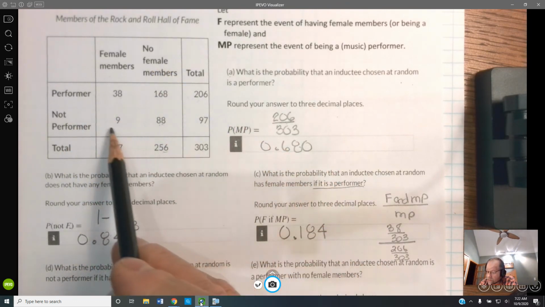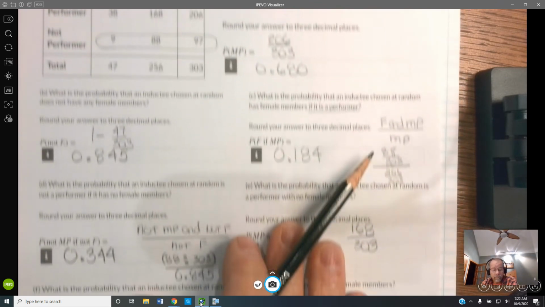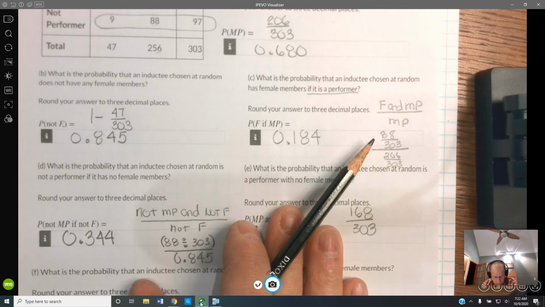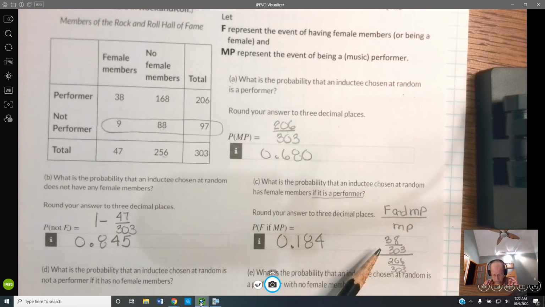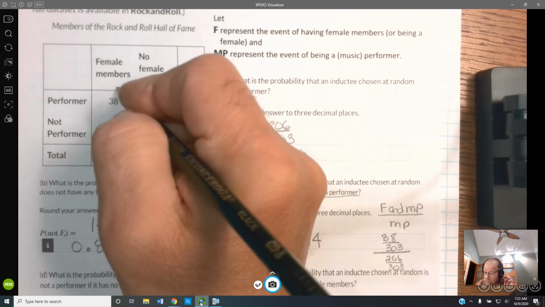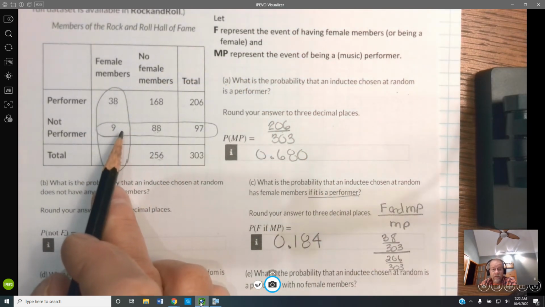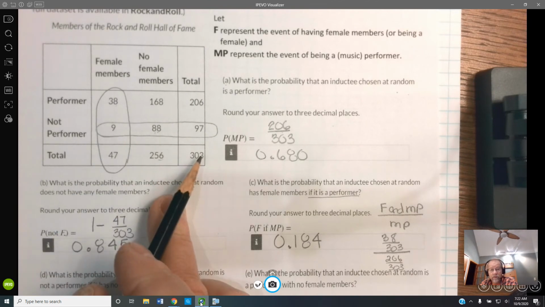I'm going to circle it because I'm done with this question after this. Anybody in here counts. And then I want the or a female. Well, everybody in here counts. But the 9 is getting double counted.